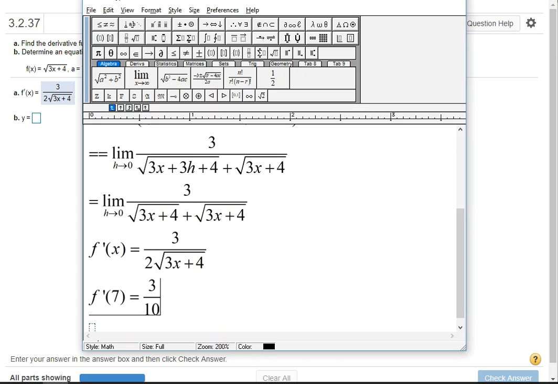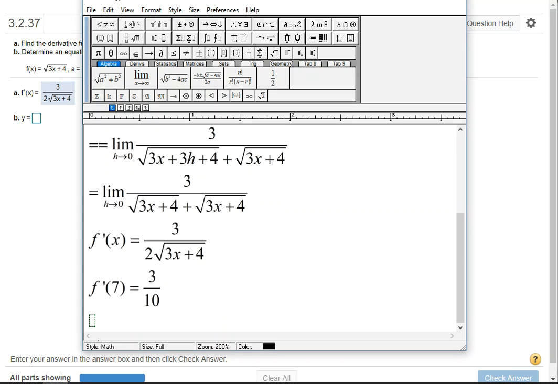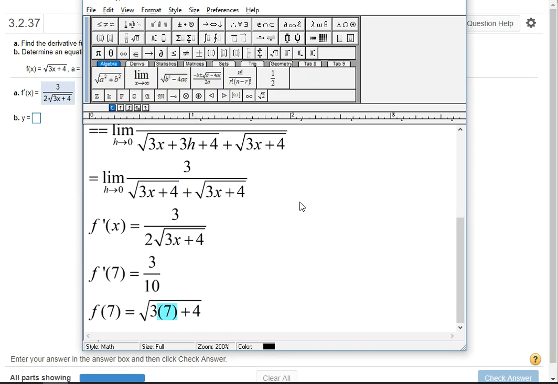Okay. Now, I just had an a value, so I'm going to need the function's value as well. So I'm going to need to find f of 7. Remember, f of x was the square root of 3x plus 4, but we're plugging in 7. Alright, and again, that's 3 times 7 is 21, and 21 plus 4 is 25, and the square root of 25 is 5.